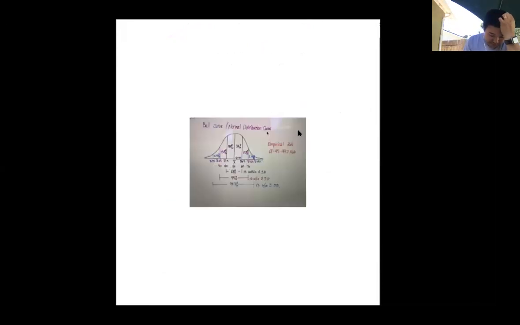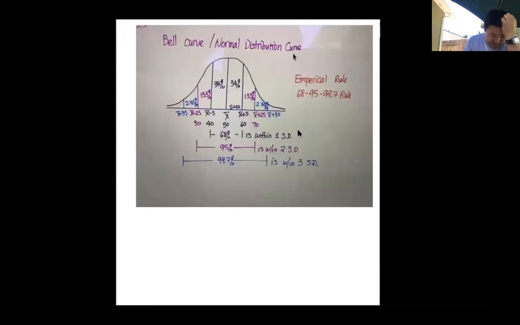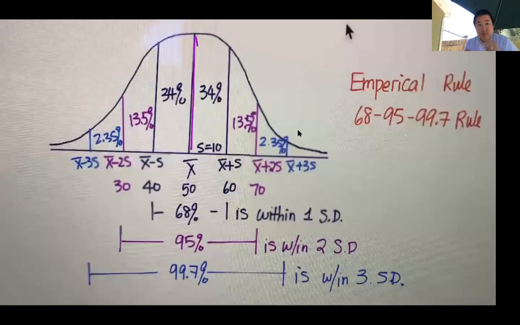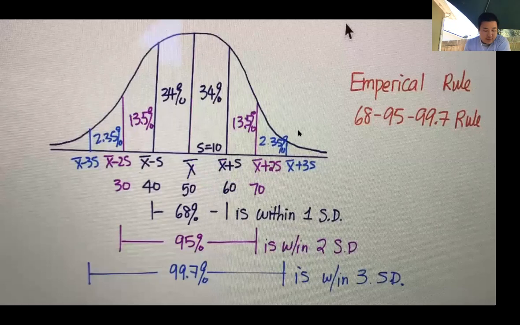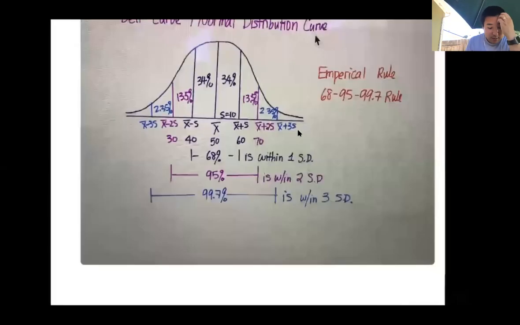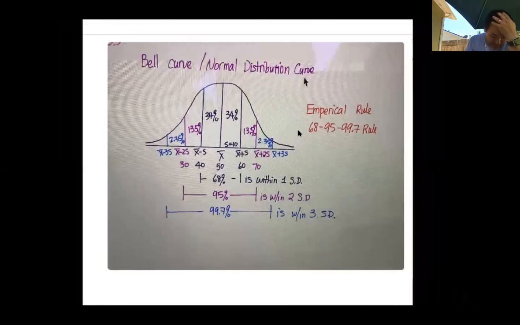I think we talked about this, I can't remember, but this is the empirical rule. So if this is the average, and standard deviation 1, 2, 3, these are the percents of the data that fall within that range. So 68% is within 1 standard deviation, 95% is within 2, and 99.7% is within 3. So memorize that, it'll be helpful.